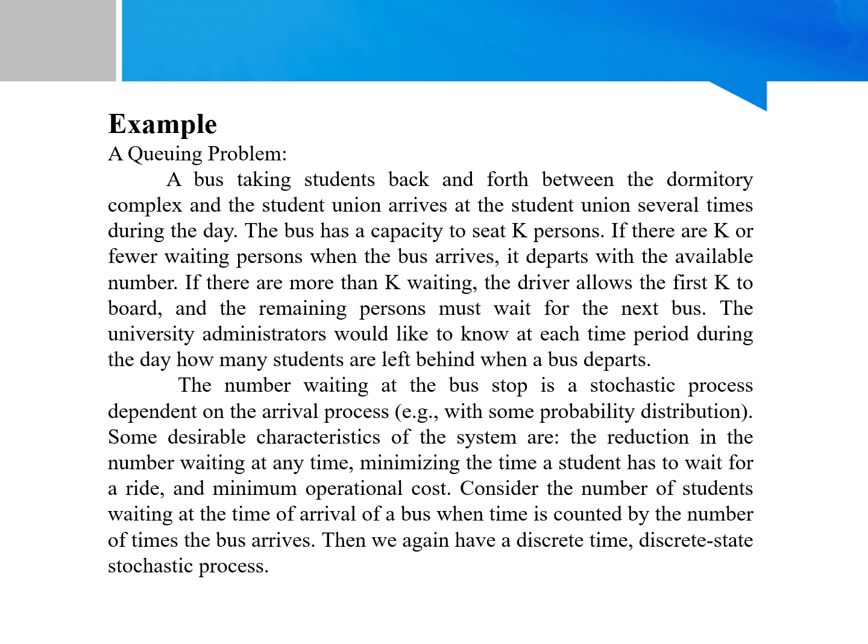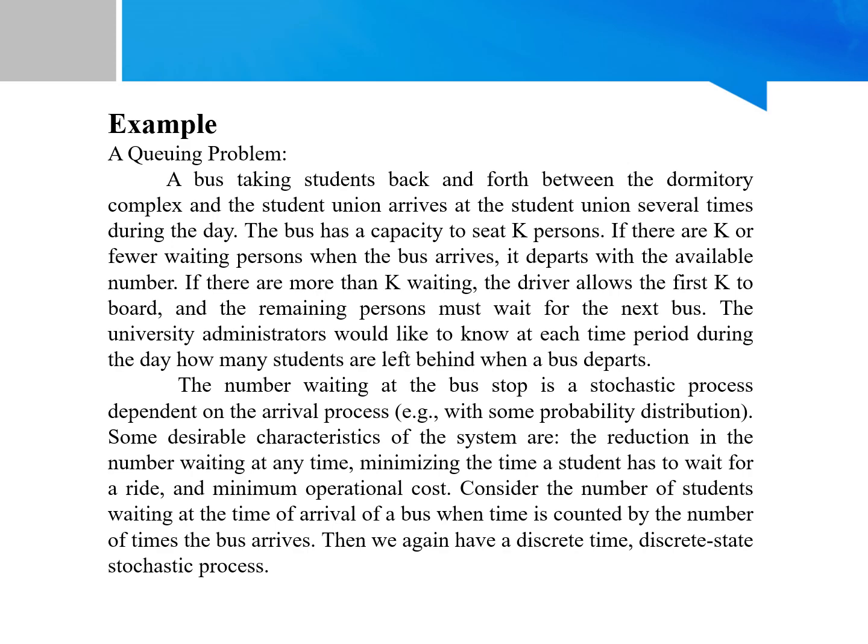The university administrator would like to know, at each time period during the day, how many students are left behind when the bus departs. That is, the number of students waiting for the bus at the bus stop is the outcome of the random variable, that is, the outcome of the random experiment. So the number waiting at the bus stop is the discrete state space, and the number of times the bus comes and departs is the discrete time.